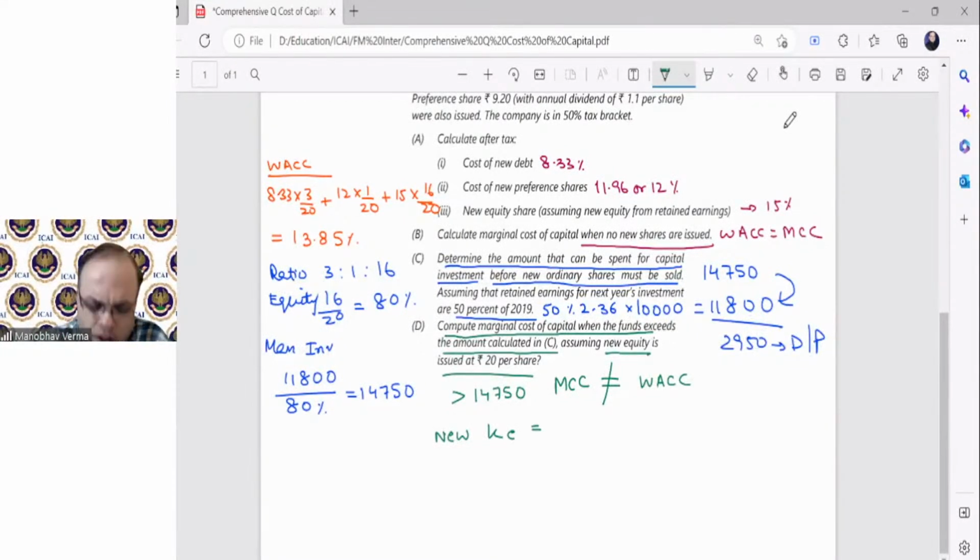Sufal, absolutely wonderful. Sufal said the balance 2,950 will be between debt and preference shares. Sufal, that's absolutely correct. But we don't need to worry about that. Just for understanding, I told you this fact.